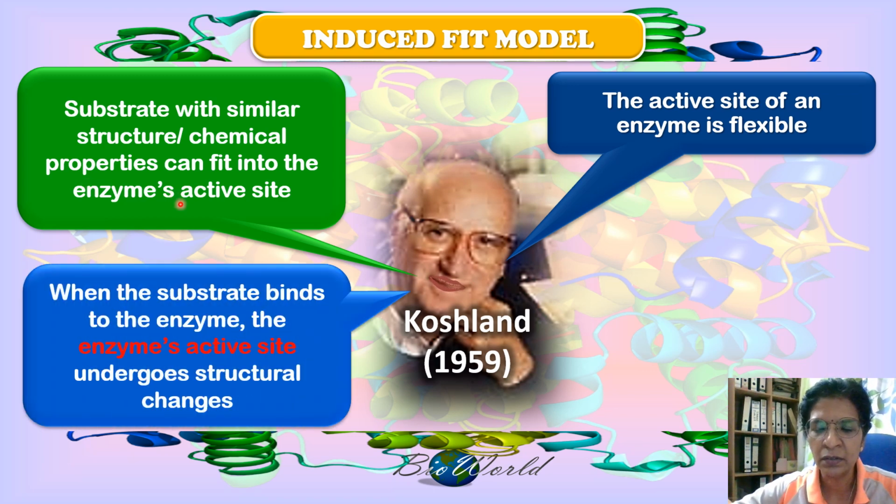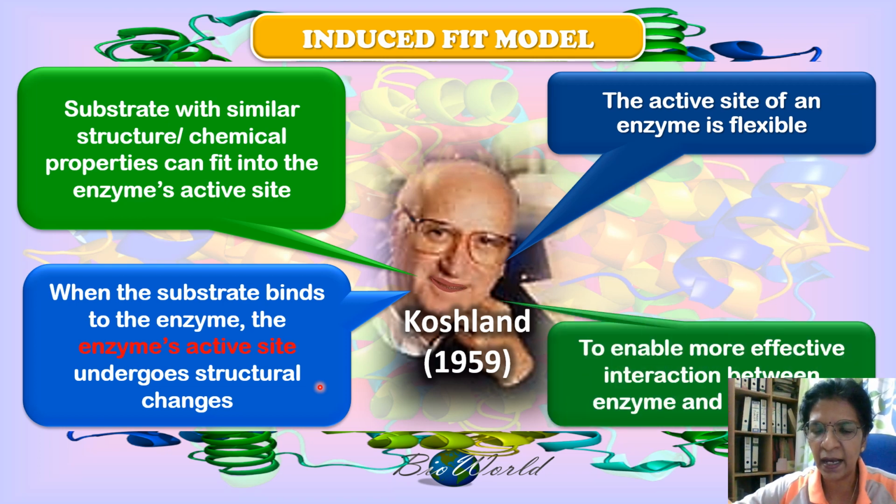Now, although the shape of the substrate is not complementary to the active site, the binding will stimulate the enzyme's active site to undergo a structural change. Keep in mind that it is the enzyme's active site that experiences the change, not the substrate.